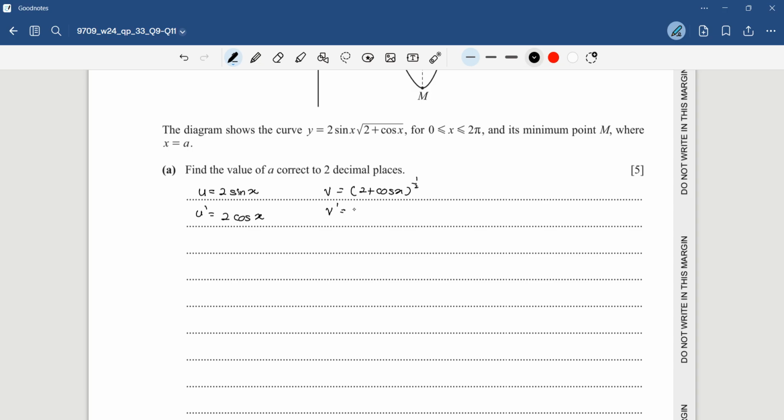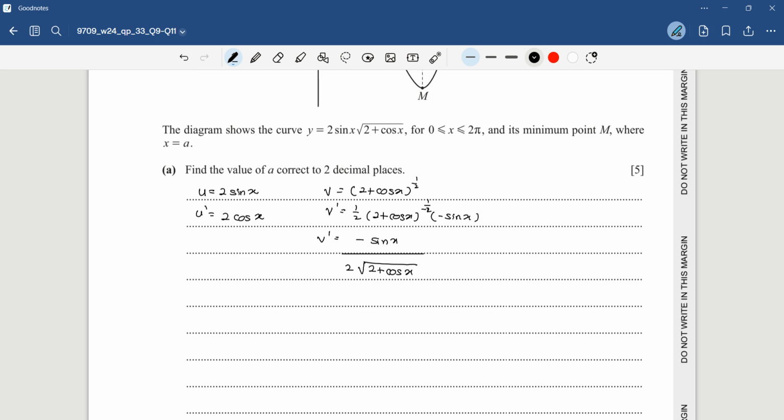So my v prime will be 1 over 2, (2 plus cos x) to the negative half, multiplied with negative sin x. Therefore, my v prime will be negative sin x over 2 times the square root of 2 plus cos x.